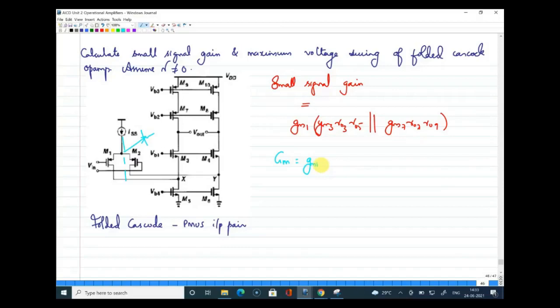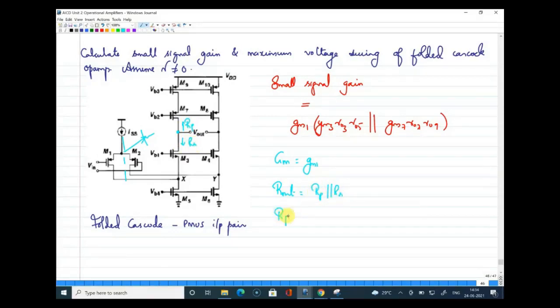You can include gmb as well, because given that gamma is not equal to 0. Now when you write the output impedance Rout, you can take one branch. The resistance seen up in parallel to the resistance seen down, I'll mark as RP and RN. So it is RP parallel to RN.